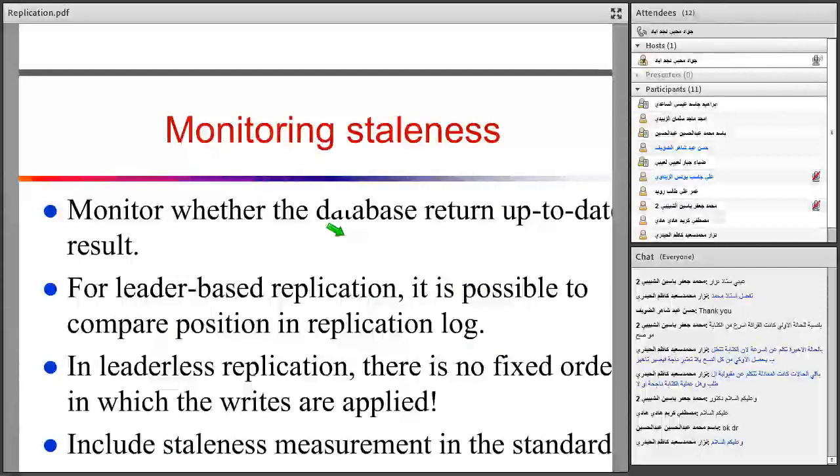So we need to monitor staleness, and we need to monitor whether the database returns up-to-date results.